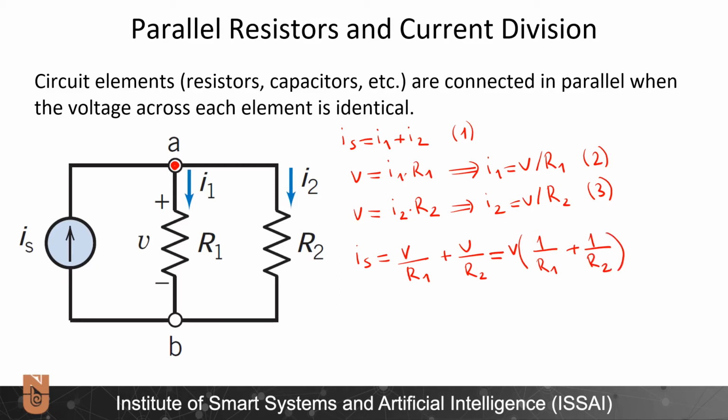Now if I want to find the equivalent resistance, I need to find V over Is, and V over Is is equal to 1 over R1 plus 1 over R2. So basically I can reduce these two resistors to this equivalent resistance, which is also sometimes denoted as R1 in parallel to R2.